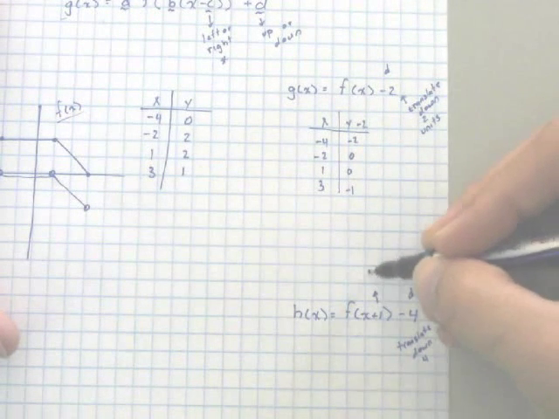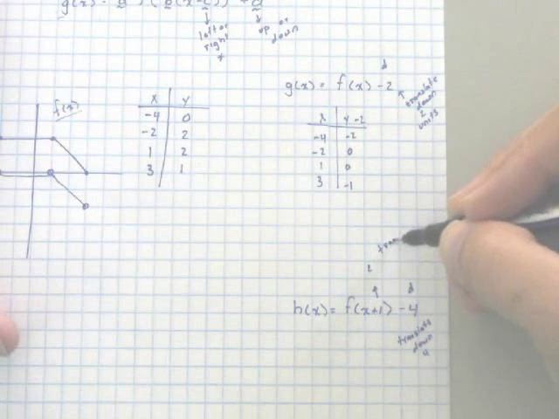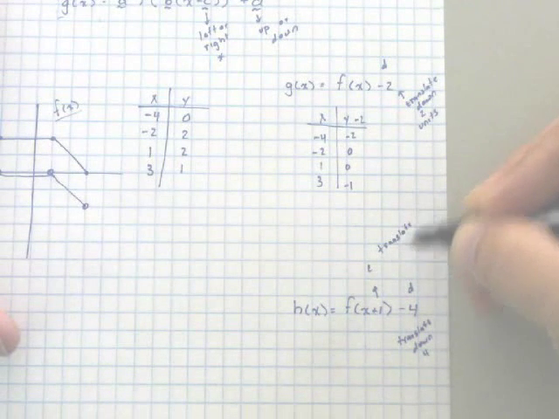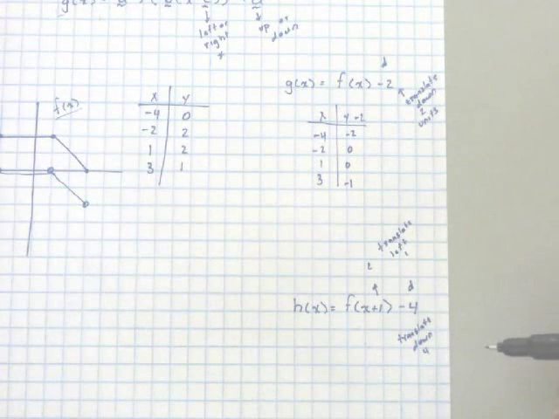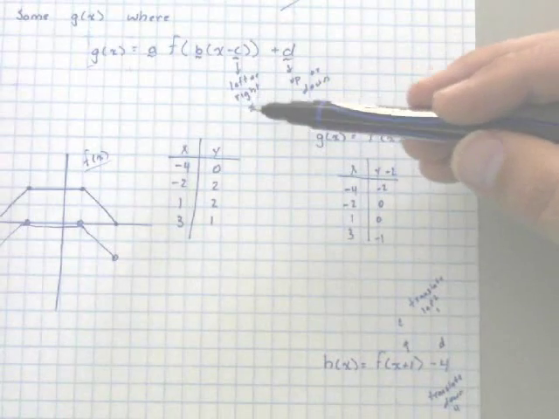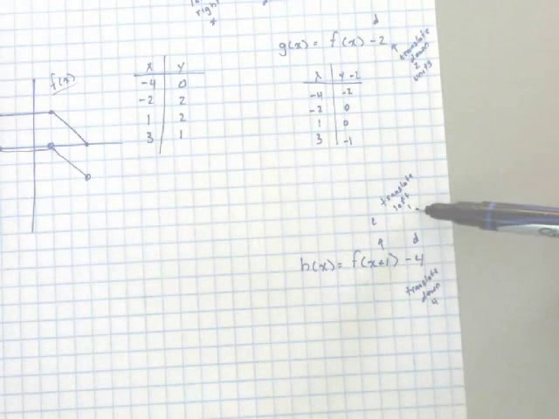The plus 1 is my c. That's going to tell me to translate, and here's where it gets a little tricky, left 1. I know it's positive 1, but remember what we said earlier about the c? We always go opposite. So even though it's plus 1, we're going to translate to the left.